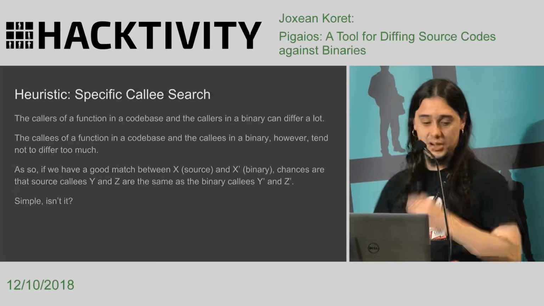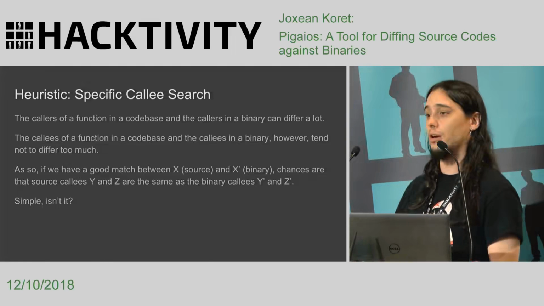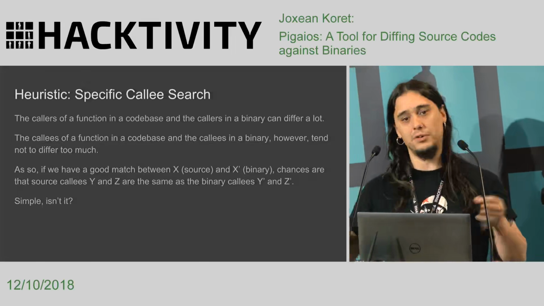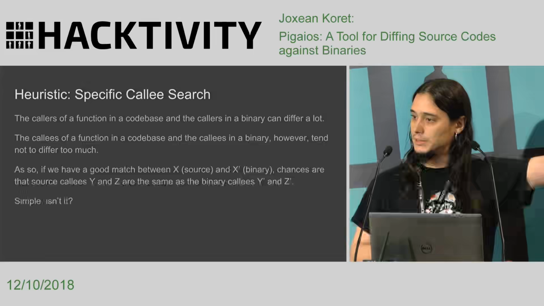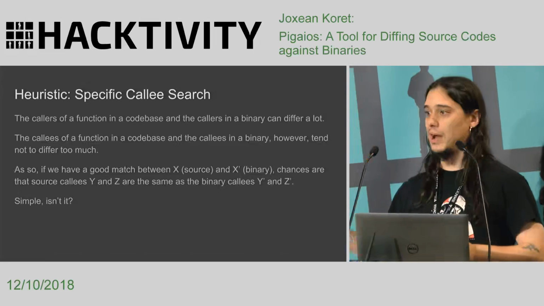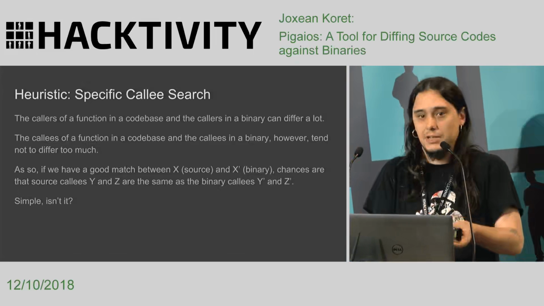A specific color shared. So the colors of a Pantheon in a code base and the colors in a binary can differ a lot. Let's say that, for example, we generate the SQLite for the libxml2 source code. Many of the supported Pantheons of libxml2 will have no color, but in the binary, of course, it will be called because that library is being used.